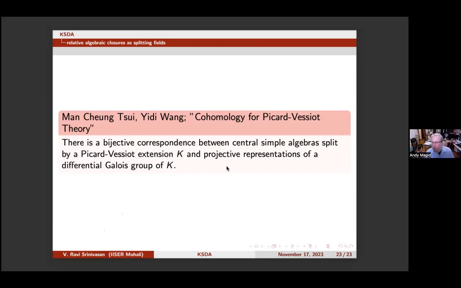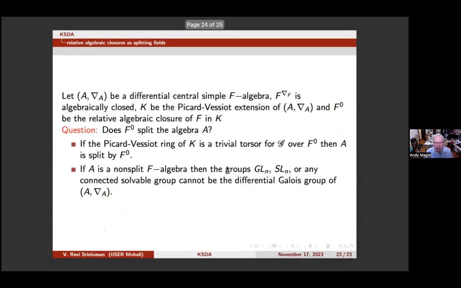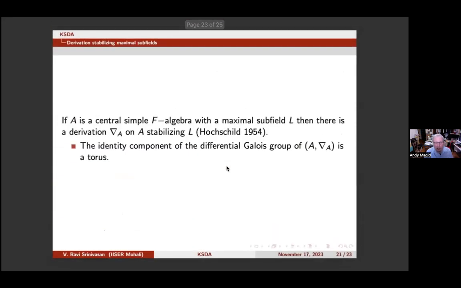I have a question. Ravi, your slide on the maximal subfields seems to suggest that it's very rare to have a maximal subfield which is stabilized by a derivation.